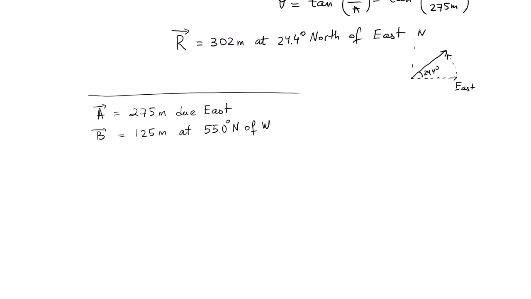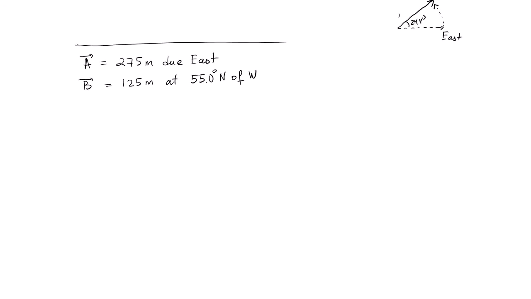Let's draw the situation again. So we have vector A, this is the starting point, and it's going due east. Vector A here, 275, and then we want to draw vector B, 125 meters, 55 degrees north of west.